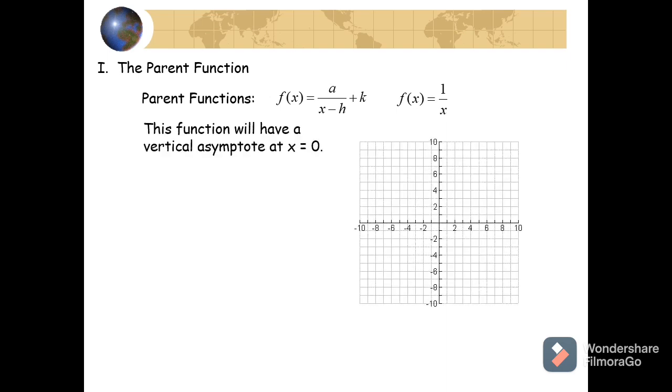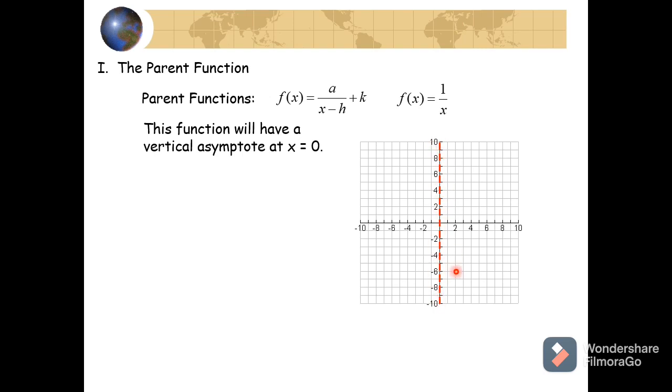This function will have a vertical asymptote at 0 because your h here is 0. So, if you notice, there is no value of h in our given. Since there is no value of h, then our vertical asymptote is x is equal to 0. So, this is that line.